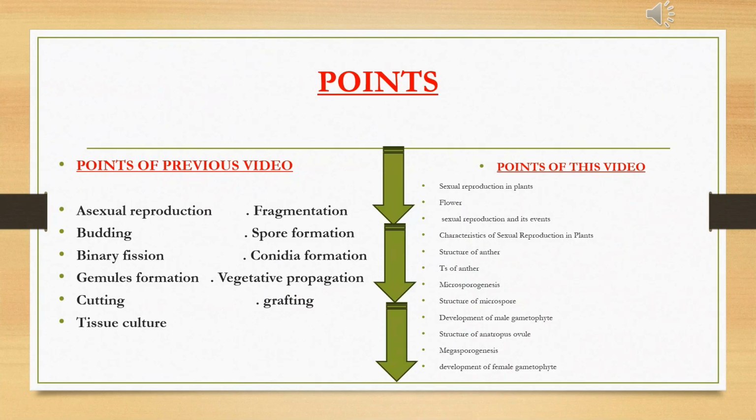following points: sexual reproduction in plants, the flower, the structure of flower, sexual reproduction and its events, characteristics of sexual reproduction in plants, the structure of anther, TS of anther, microsporogenesis, the structure of microspore, development of male gametophyte, structure of anatropous ovule, megasporogenesis, and the development of female gametophyte.